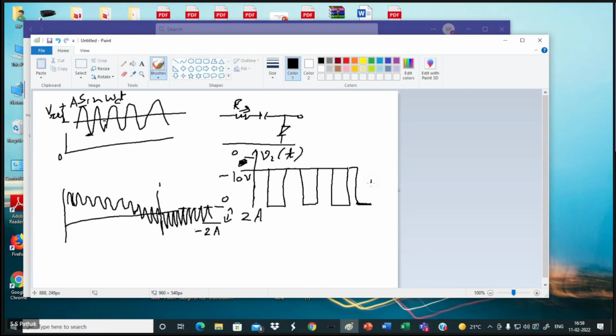It will come up to this point. It becomes half, let us say. It is attenuated by half, attenuated by 1/4 power, which means the amplitude becomes half.